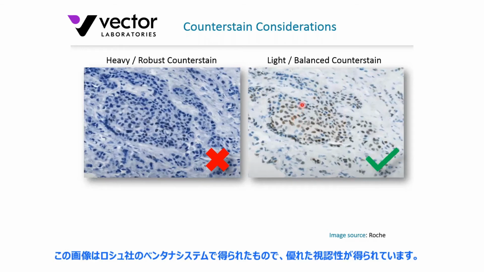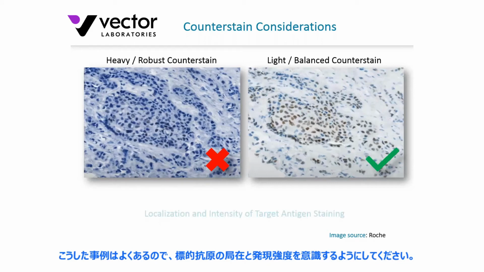And certainly, from Ventana Roche, the term they use is visual acuity. So you've got to aim for this nice light balanced counterstain that works in concert or parallel with your specific stain. So be cognizant of the localization or the intensity of the target antigen staining.